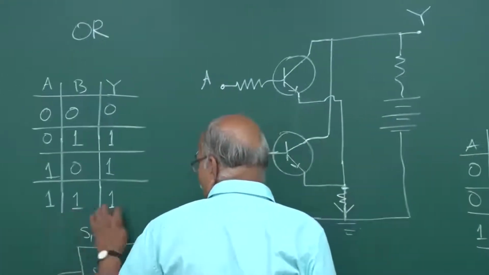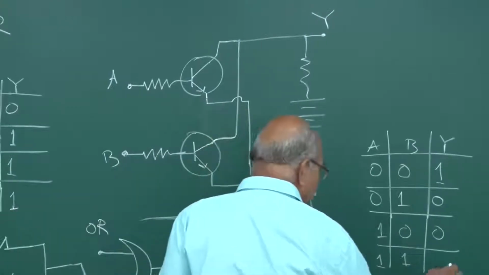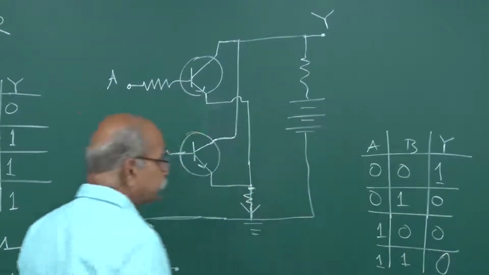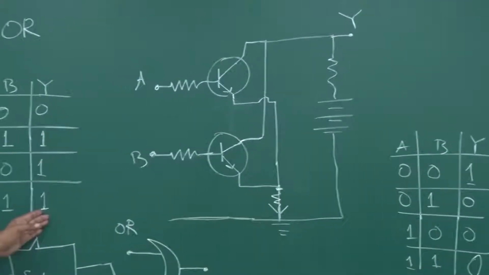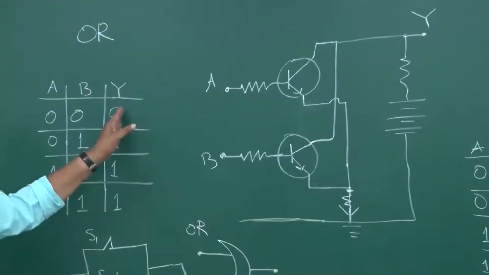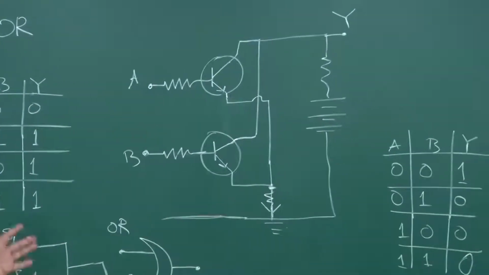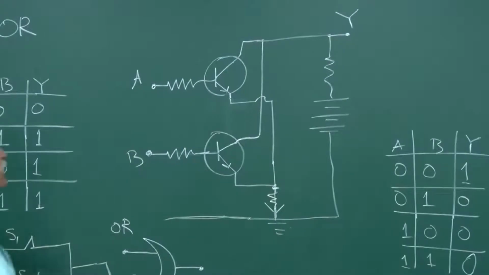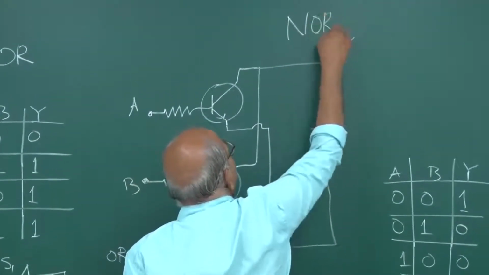And 1 1 was 1, so 1 1 will be 0. So wherever there was 1, it becomes 0. Wherever there was 0 in the output, that becomes 1. So it is not of this, and this is known as NOR gate.